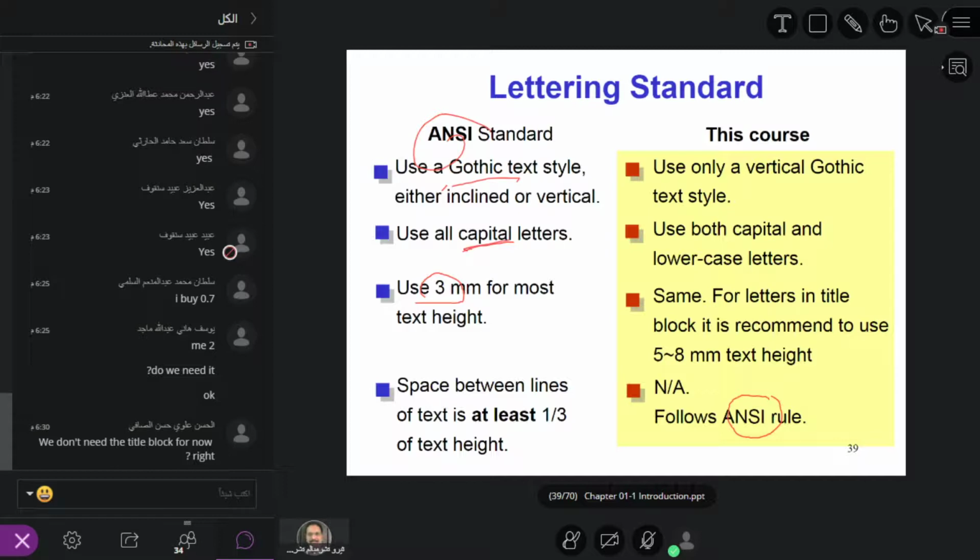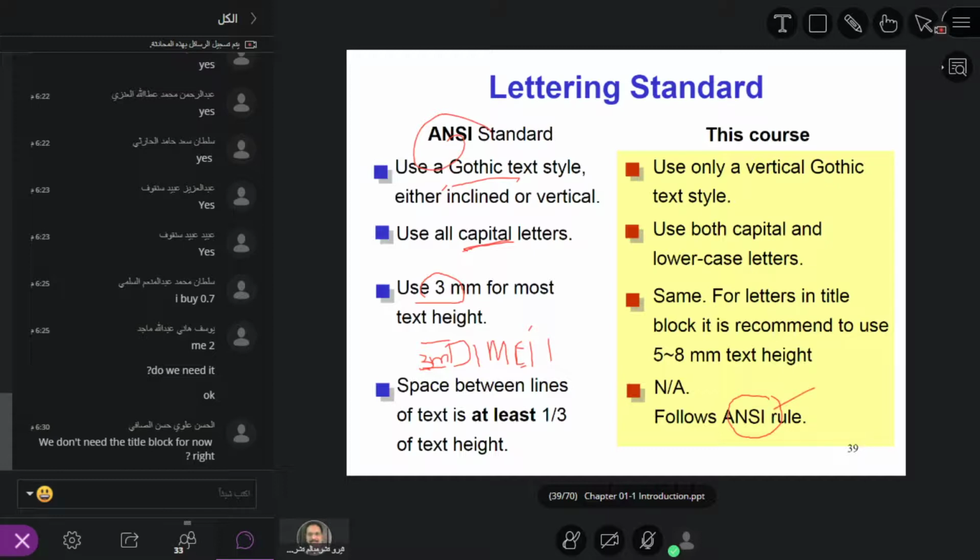Capital letters, all capital. Then the text height, like if you write the word dimension, it all must be capital. That's what it says, and the height should be 3 millimeters. Okay, that's what it says according to the ANSI standard.